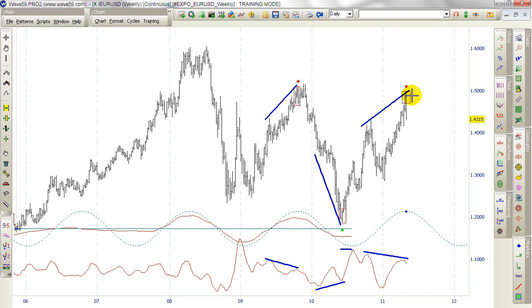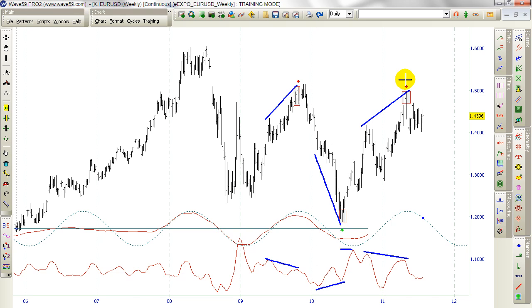So we have our top projection now in place, and now we expect this to go down into the beginning of 2012, as you see here on the chart. So as we move on, you can see that we just called this top precisely by the bar.